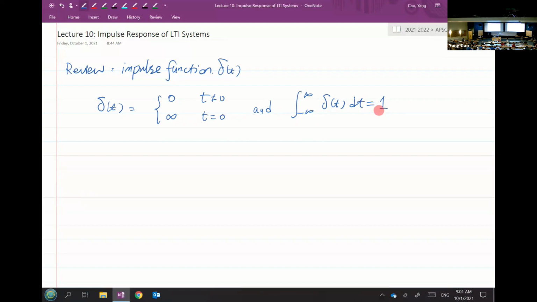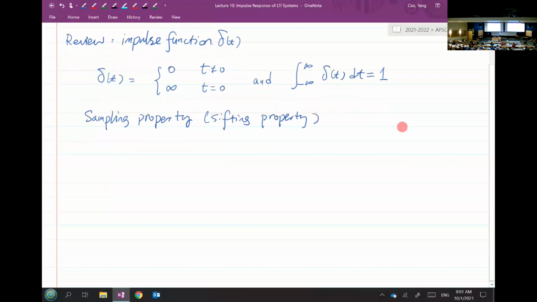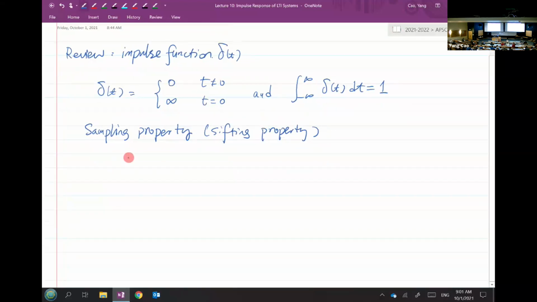And we also have talked about an important property called the sampling property. Sometimes we also call it the shifting property. The property basically says if you integrate the multiplication of any function with the impulse function, then the result is f of 0.